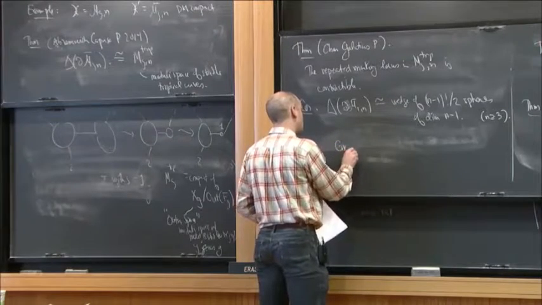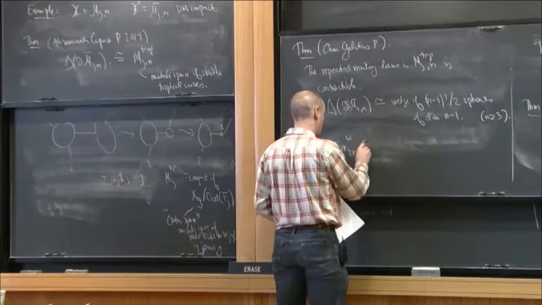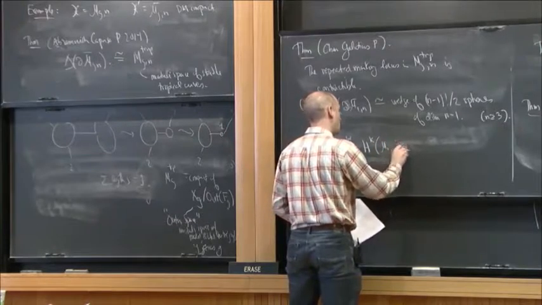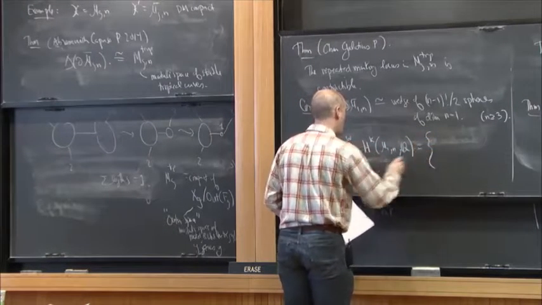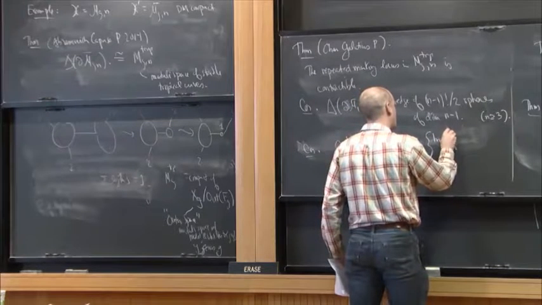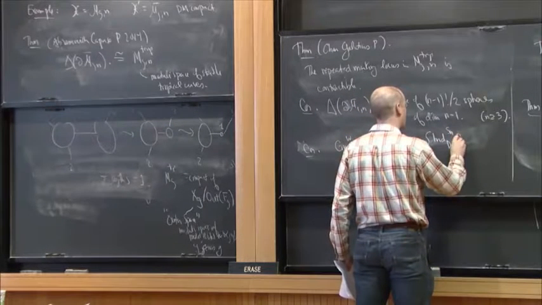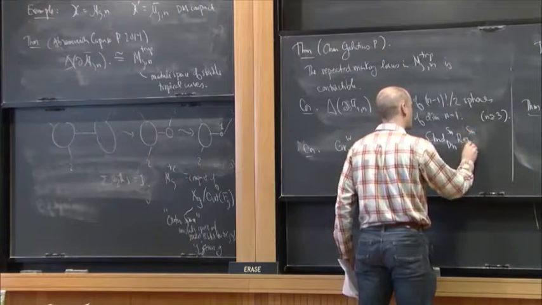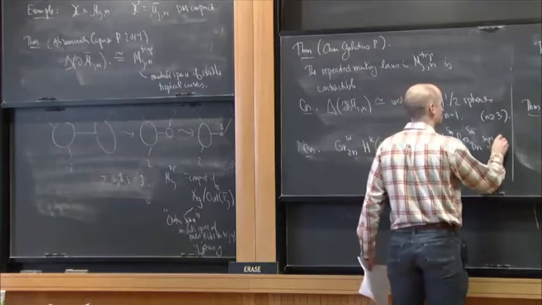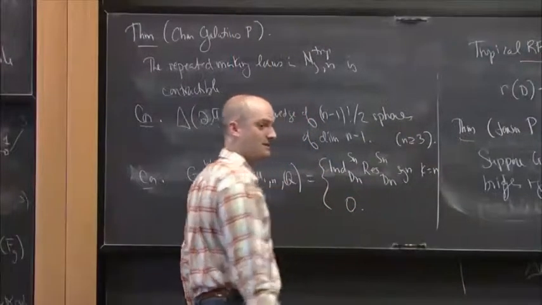We find that the 2n-th graded piece of the weight filtration on H^k of M_{1,n} with Q coefficients is nontrivial only when k equals n, and it's 0 otherwise. The nontrivial group is the induced representation from the dihedral group to the symmetric group of the restriction from the symmetric group to the dihedral group of the sign representation.